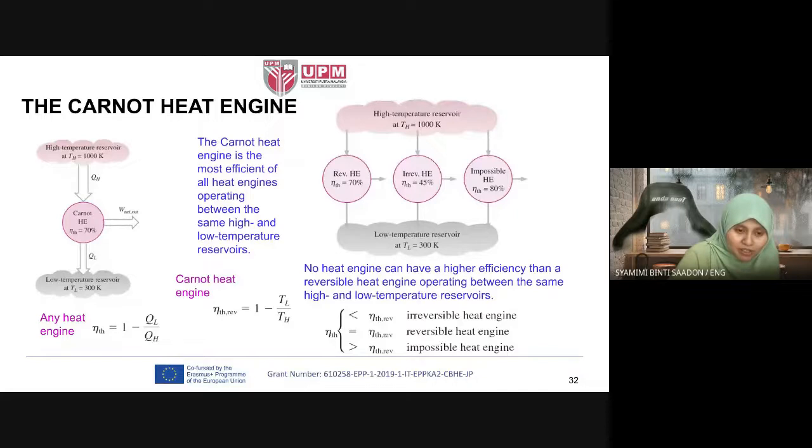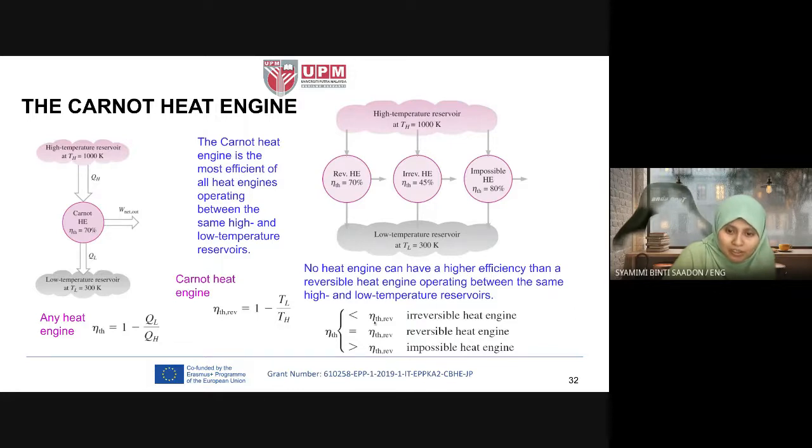For the Carnot heat engine, we can use directly the value of the temperature. We can still use this one also, but it's simpler and easier to use the temperature directly. You don't need to calculate the heat Q. Just for the Carnot heat engine, not for the normal heat engine.